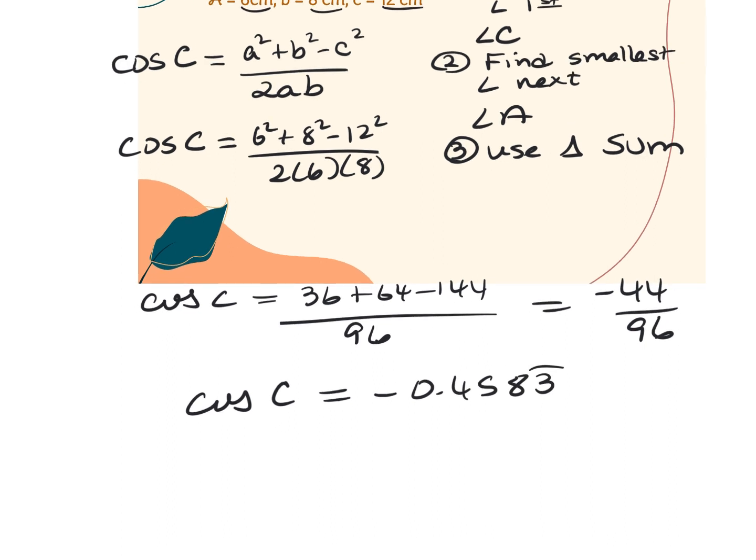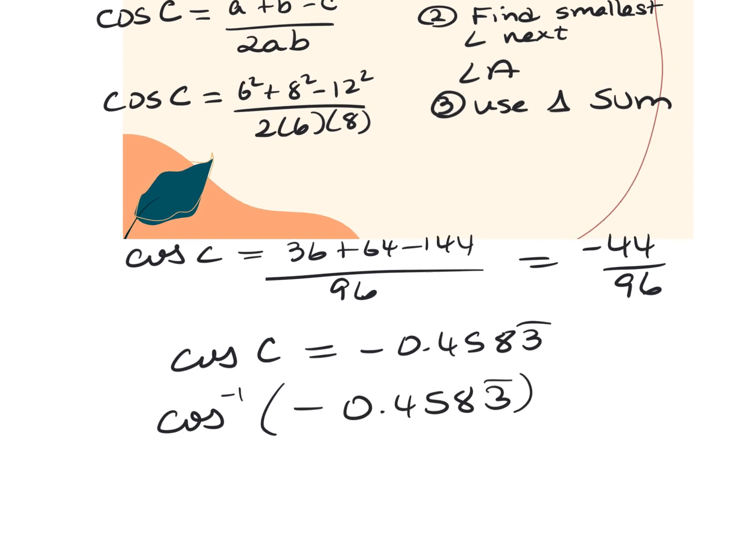Again, I'm looking for an angle measure, so I'm going to be doing cosine inverse, and then I put in negative 0.4583 repeating, hit enter, and angle C is equal to 117.2799, so rounded to the hundredths place, 117.28. So that is my largest angle.